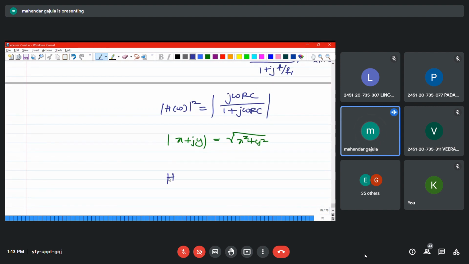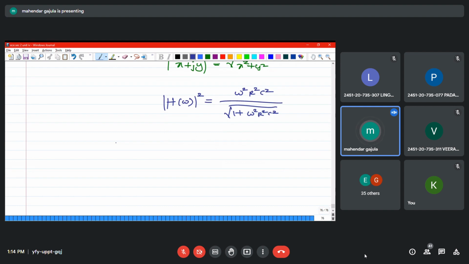So mod H(omega) square equals omega square R square C square by 1 plus omega square R square C square. Finally we substitute in the output power spectral density formula.